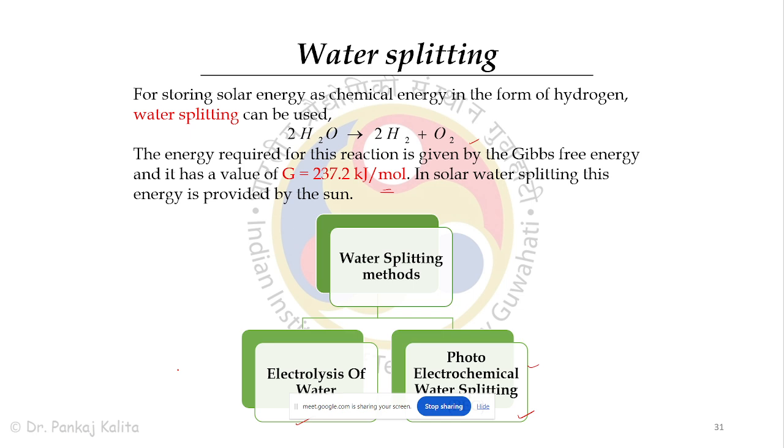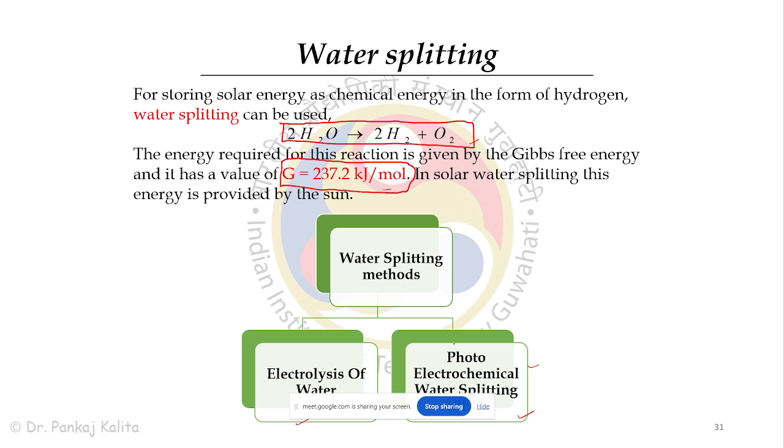So this is one of the very prominent ways to produce green hydrogen. We are utilizing solar energy, solar thermal energy, to do the water splitting. Here are some values given for the Gibbs free energy, like this much energy is required to do the water splitting to get your hydrogen.